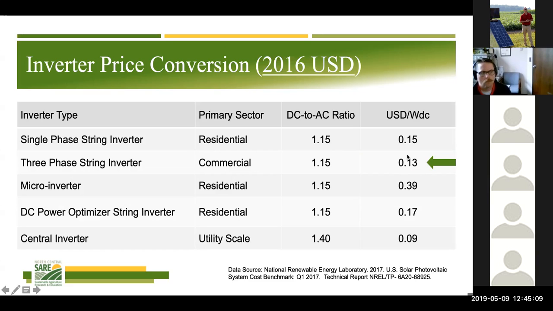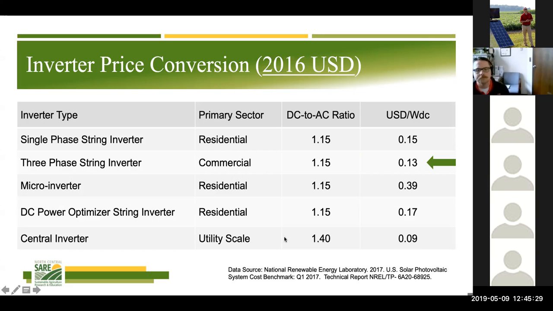So this is the 3-phase string inverter, which we charted out on the previous slide. You can see single-phase string inverters a little bit more expensive, microinverters significantly more expensive, and then of course our DC optimizers and a central inverter that would typically be used in a utility scale project.